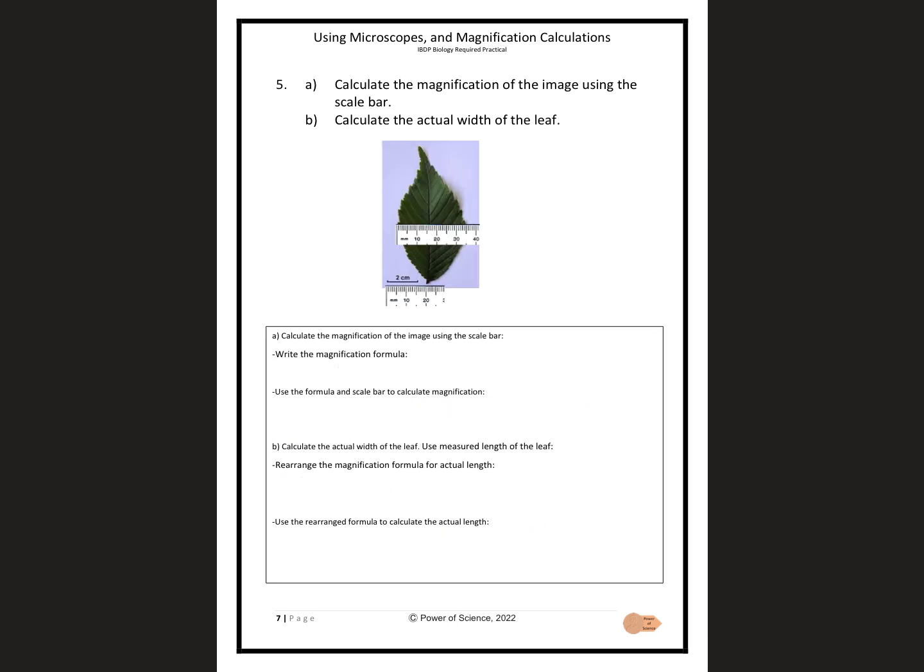All right, for this one, same exact deal. So I'm going to skip writing the formula, but we're going to start using the scale bar to calculate the magnification. So our measured scale bar is about 15 millimeters. Now I want you to, again, notice here that this time we're using a much bigger scale here. This is centimeters. So what we're going to do here is we're actually going to divide by 10.